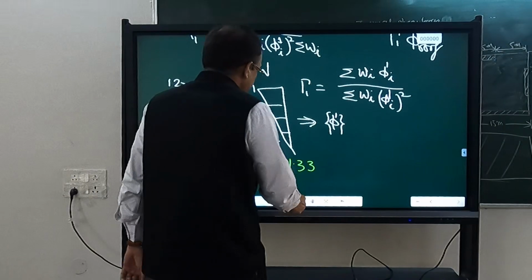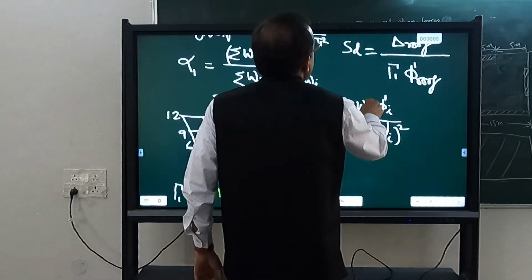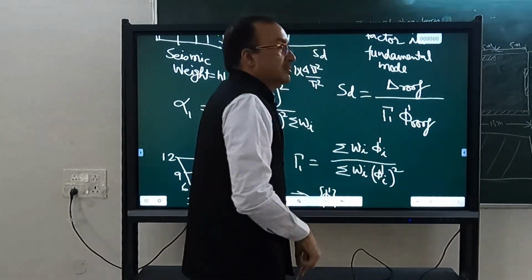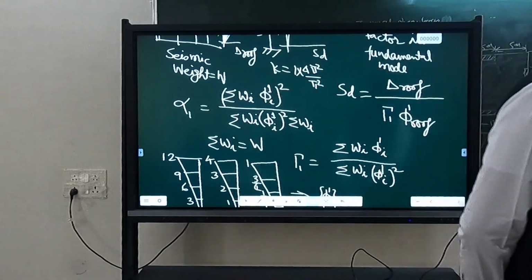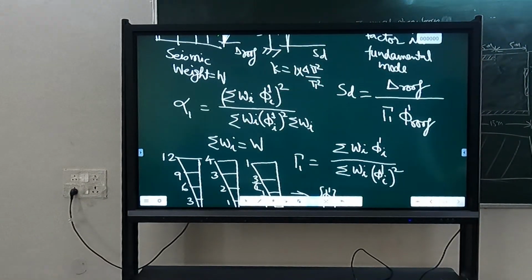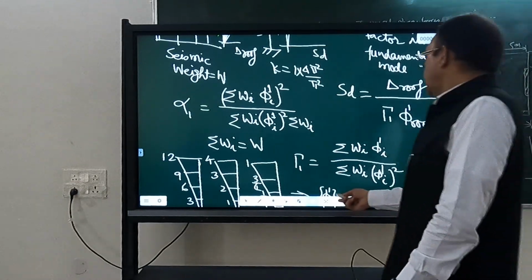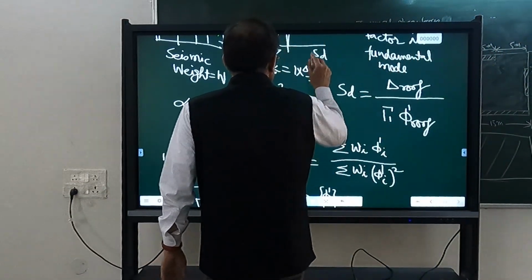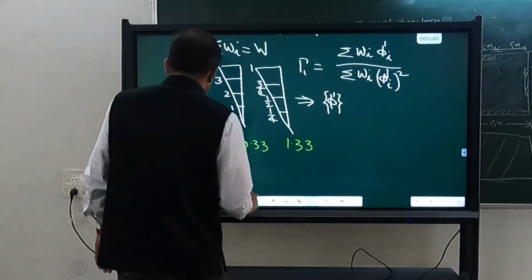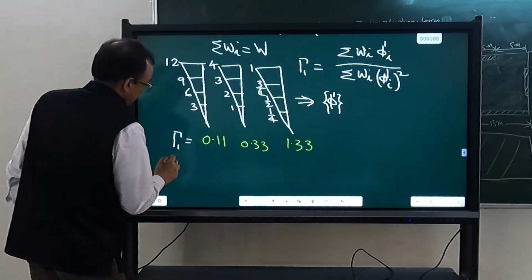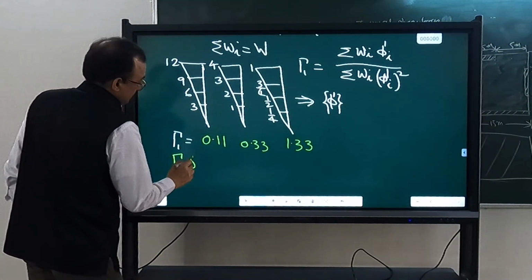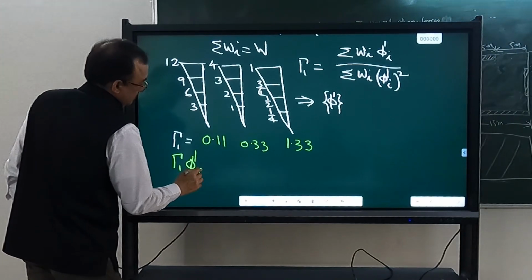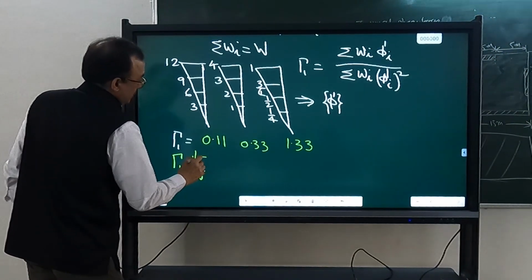So will my SD be the same if gamma 1 is changing? Okay, so calculate gamma 1 and phi 1 roof now. How much is that?